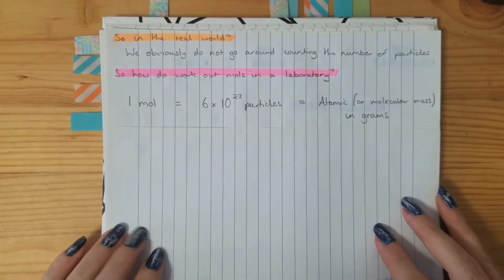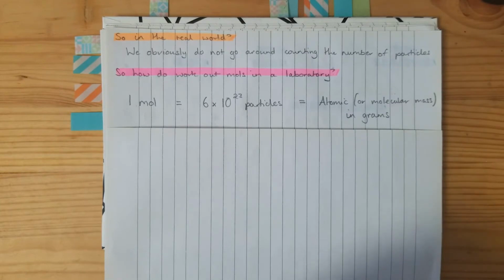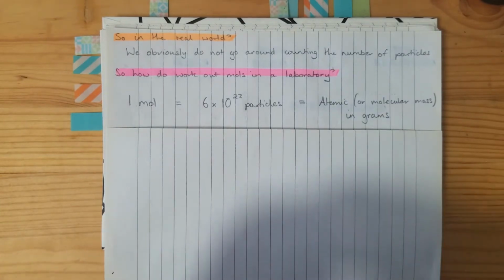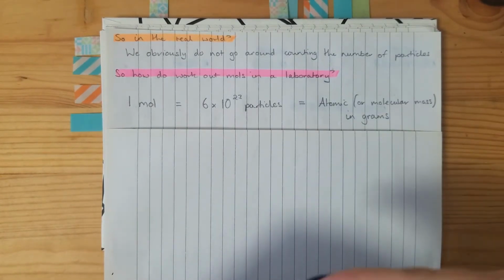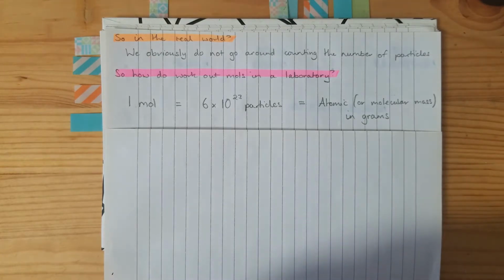Well, we're lucky that there's a relationship that exists. We've already said that 1 mole is equal to 6 times 10 to the 23 particles. But that also happens to be equal to the atomic or molecular mass of that particle in grams.